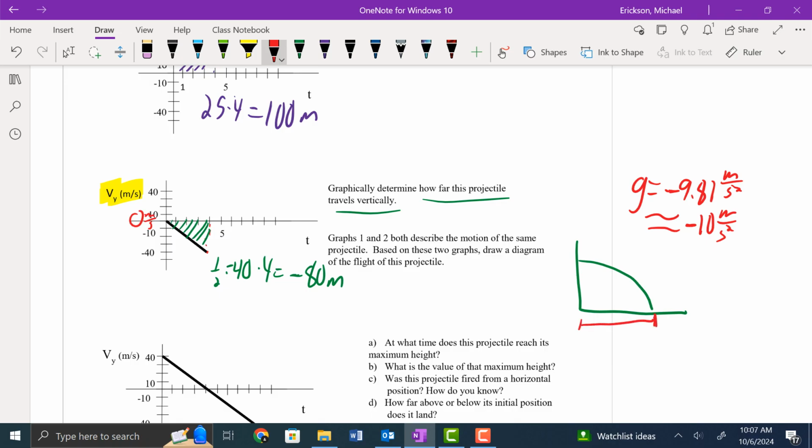All right, so I'll tell you now, how far does he go? Well, I solved it before, 100 meters. How high are they going? Well, I can say I start at 80 meters and I drop down to 0 meters. So I can think of this as I threw something off a cliff, I just threw it straight ahead, and if I'm 80 meters above, then the rock or whatever object fell 80 meters and it went over 100 meters.